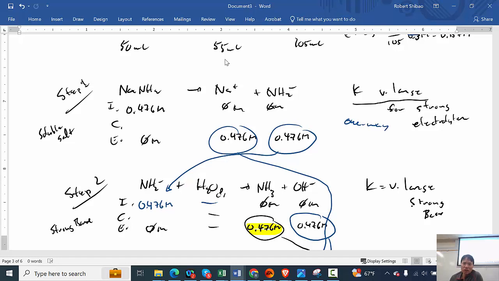So if the change, this was a significant change here, it does not perturb it. Because whenever K is very large, nothing will perturb it. And so one way, nothing perturbs this.